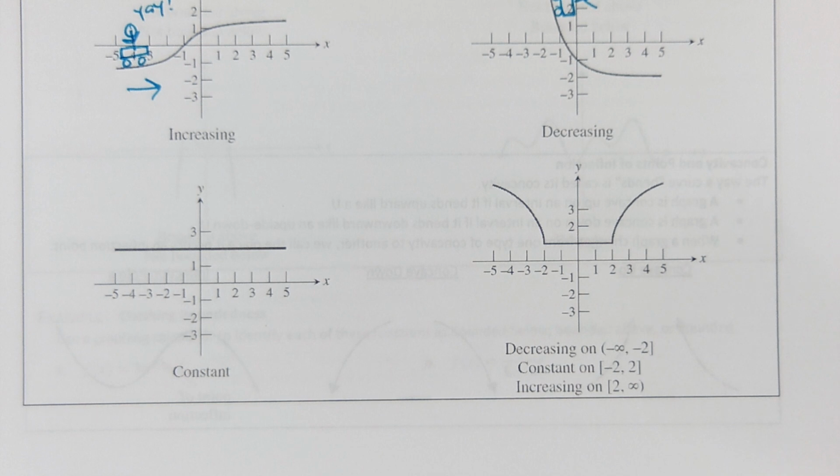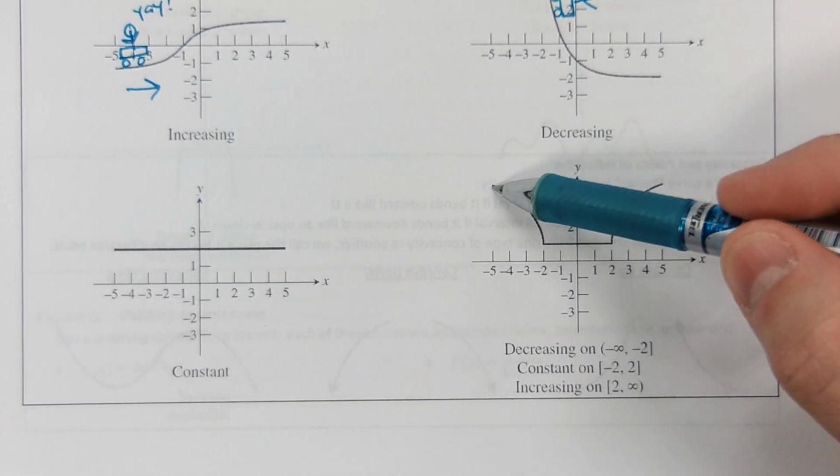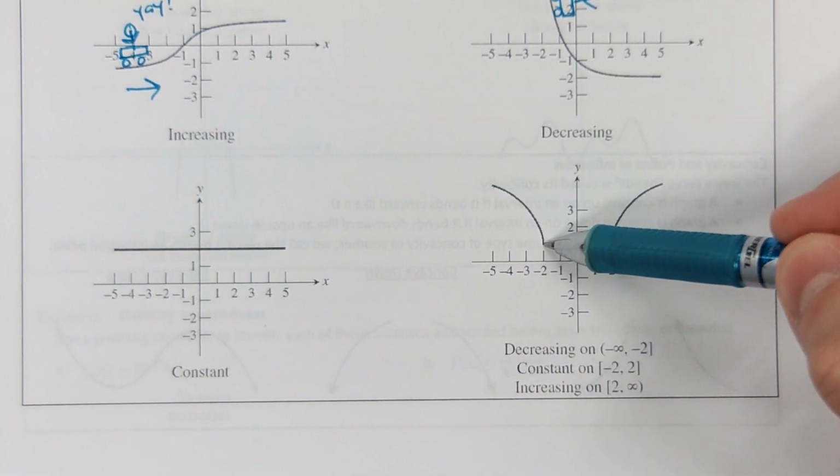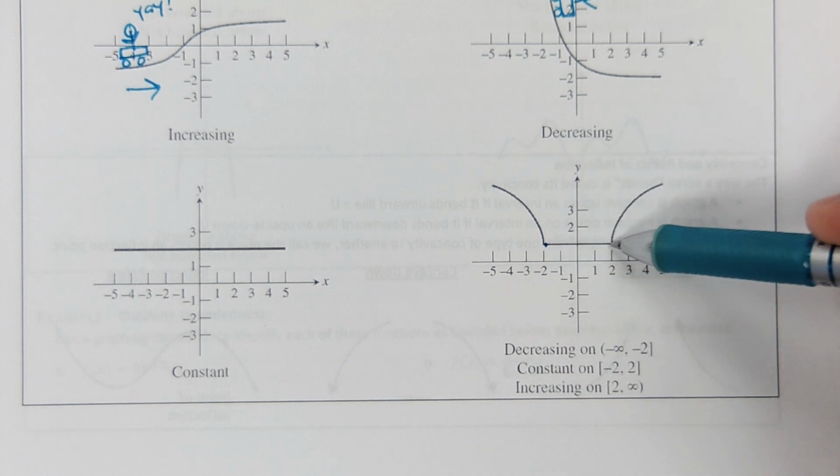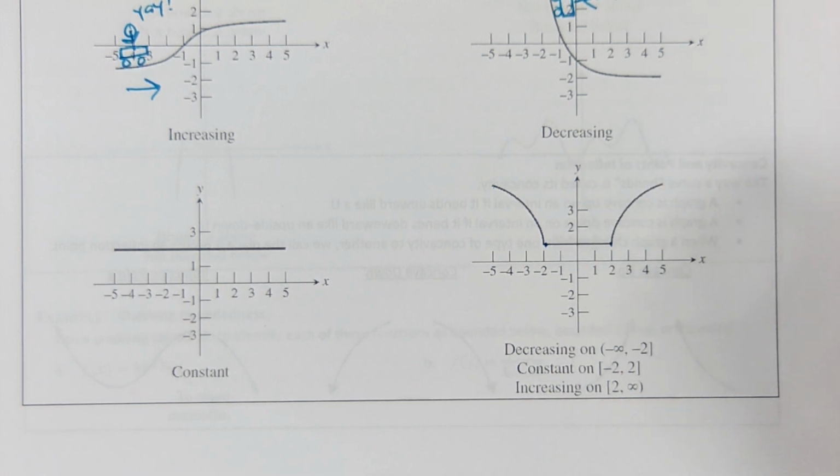But there it is. From here to here, on that interval, from negative infinity to negative 2, you're decreasing, negative slopes. But from negative 2 to positive 2, constant because horizontal. And then after 2, increasing.